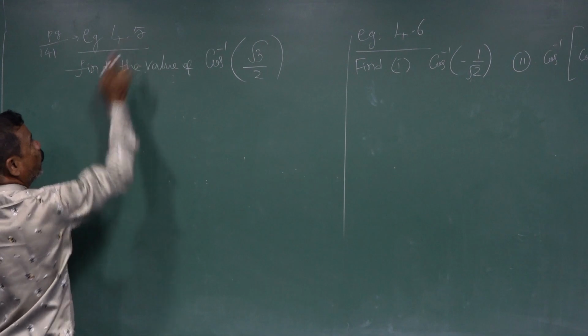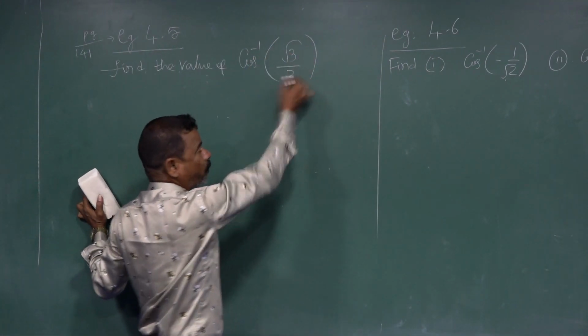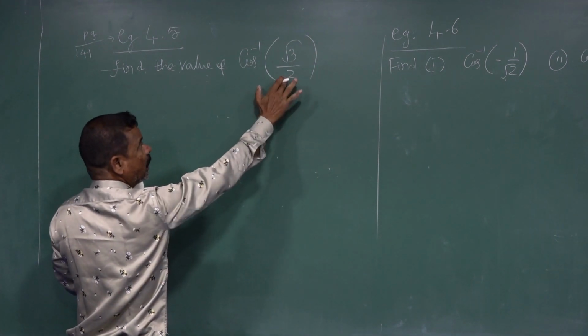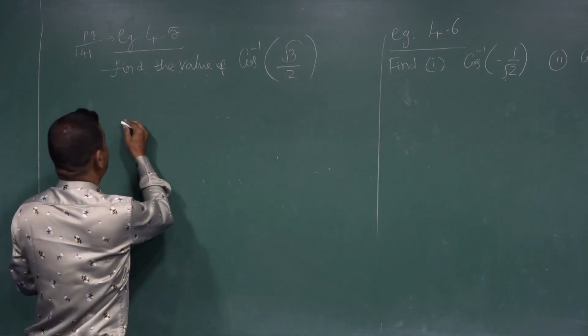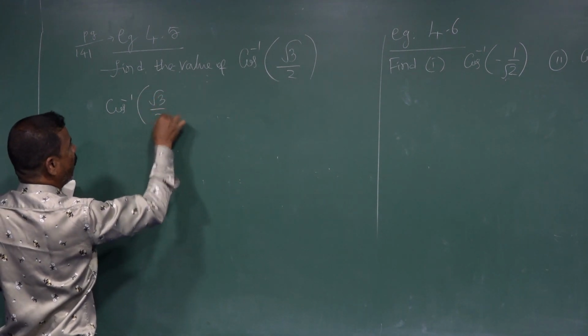Example 4.5: find the value of cos inverse of root 3 by 2. So this is converted to a cos function. How do we convert cos inverse of root 3 by 2?